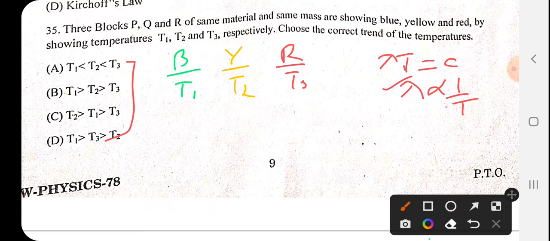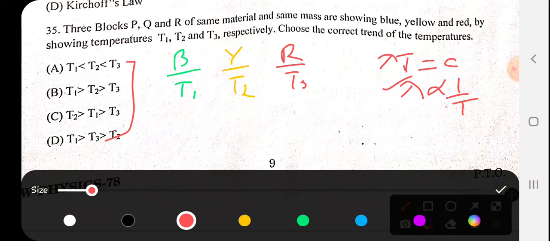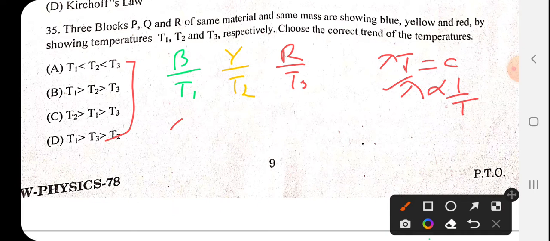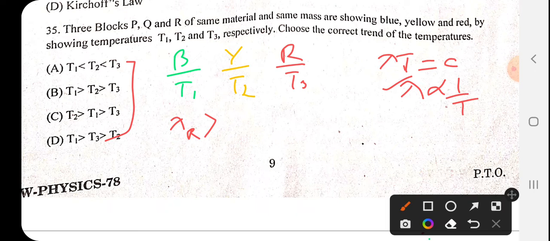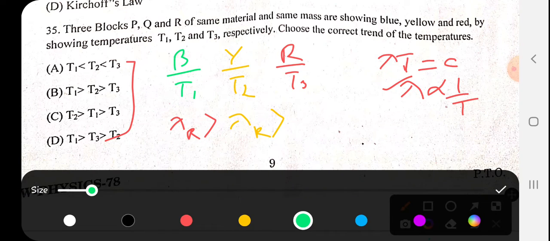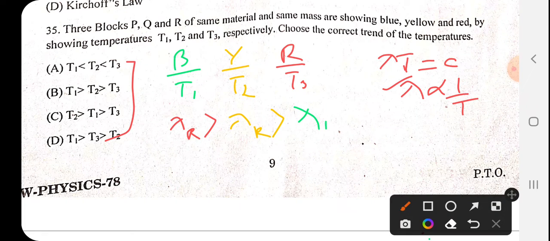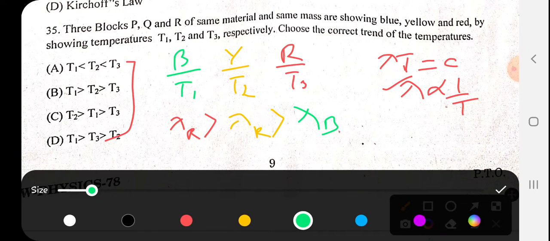here, what is the wavelength order for these three ranges? As we know, for red color the wavelength lambda red is greater than that of the yellow, and then blue, lambda b. As lambda is inversely proportional to temperature, what will be the correct order for the temperature?